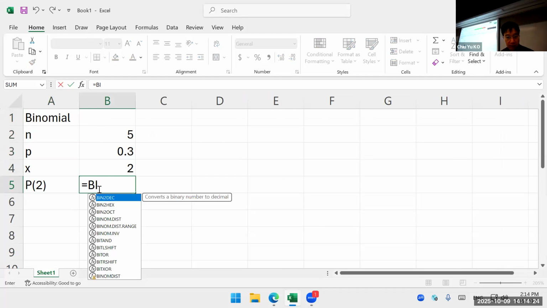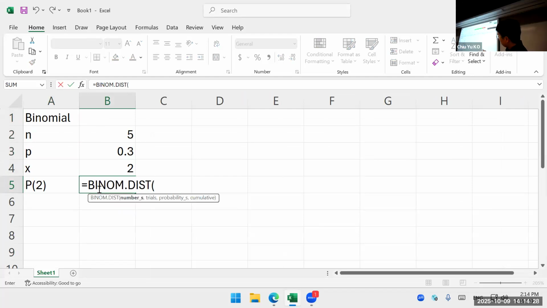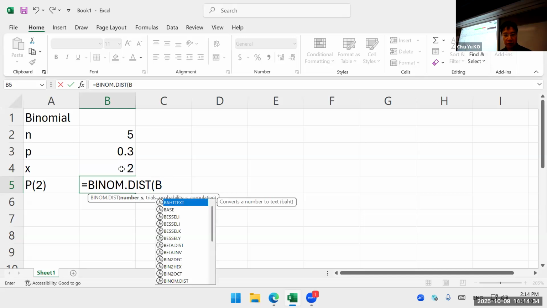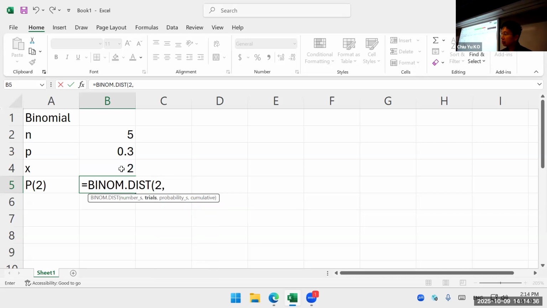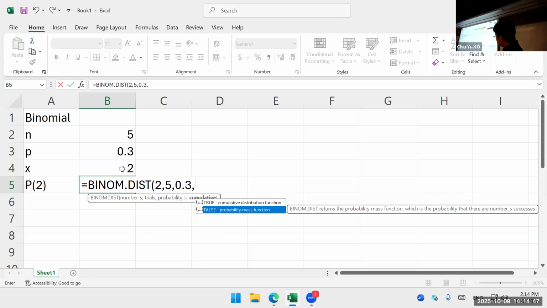It's just BINOM.DIST. You can see the number of successes is exactly 2 here. Maybe I just use 2 to make sure you don't miss it. Trials 5, probability 0.3. The P function is false; if true, it will be the F function.